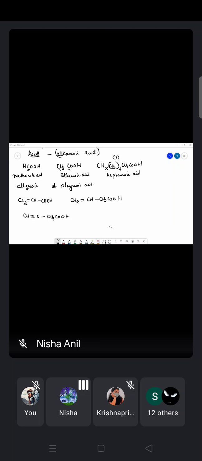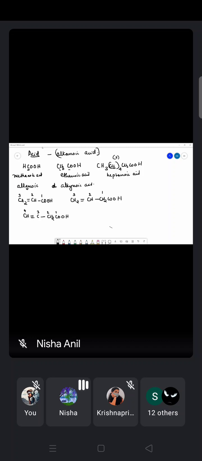So the functional group should get the minimum number 1. So number like this from right to left. 1, 2, 3. Here also 1, 2, 3. 1, 2, 3, 4.